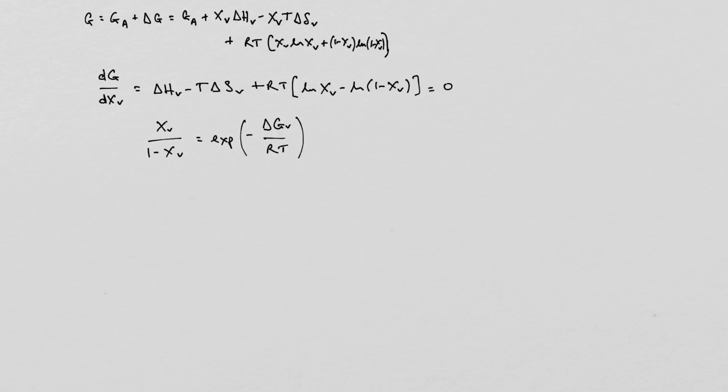Okay, which is this, where of course delta GV is just those first two terms, but if I split it up, then actually there's a term that doesn't have direct temperature dependence in there. There will of course still be some temperature dependence because the entropy will depend upon temperature, but it's less strong, if you like, than it is in the case of the enthalpy term.